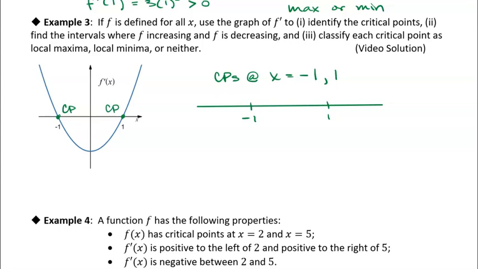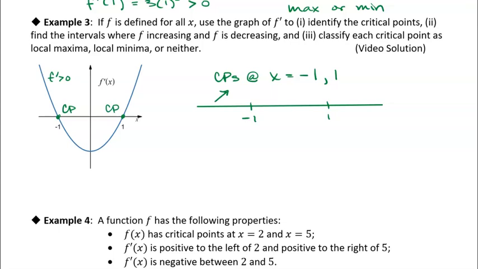So you can see that when x is less than -1, f prime is greater than 0, because the values of f prime are positive. If they're positive, that means that f is increasing.